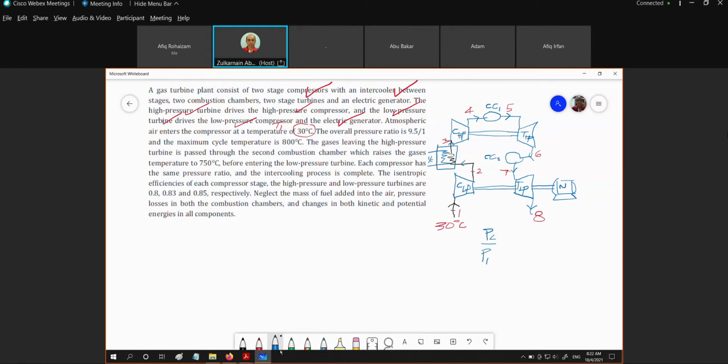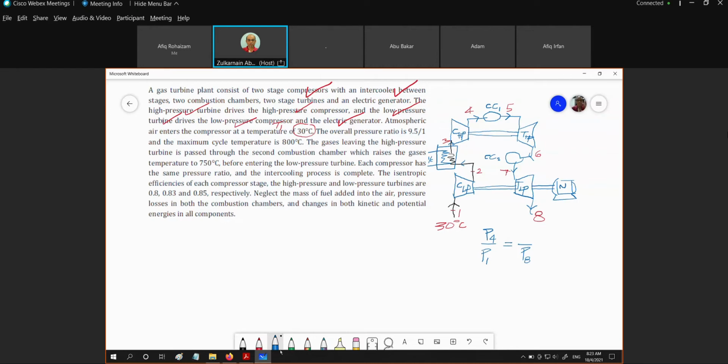If we look at the compressor side. If we look at the turbine side, again, the 8 should be the lowest pressure. This is P8. And the highest pressure of the turbine is usually before entering the first turbine, which will be equal to the pressure of the high pressure compressor.